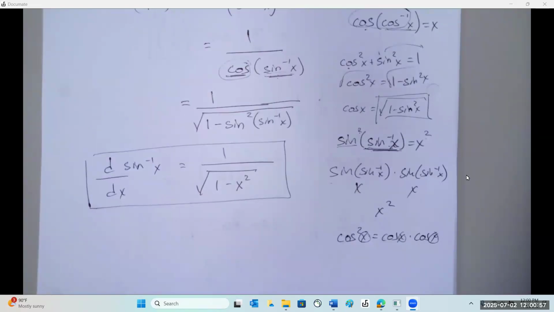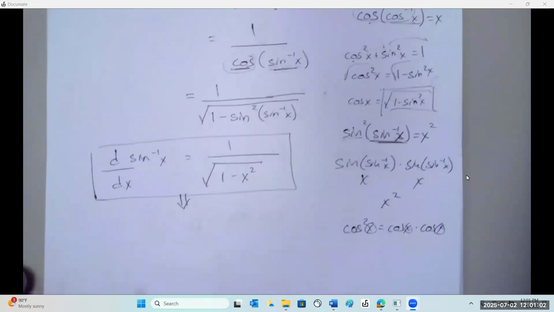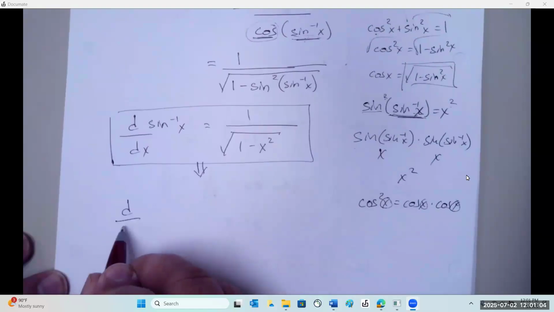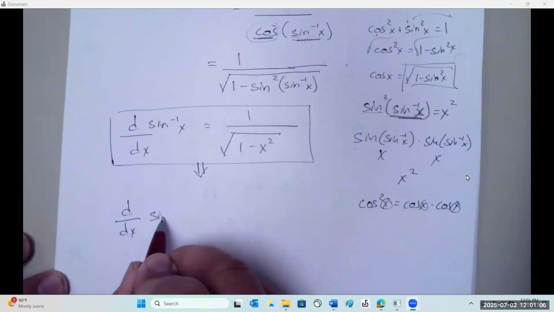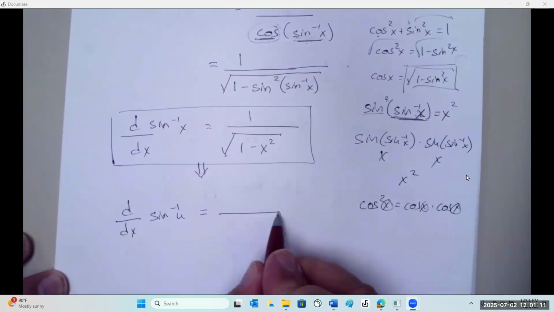Okay, thank you. Right. So now that is just for if we had x. What if we had inverse sine of u? What would that one equal?